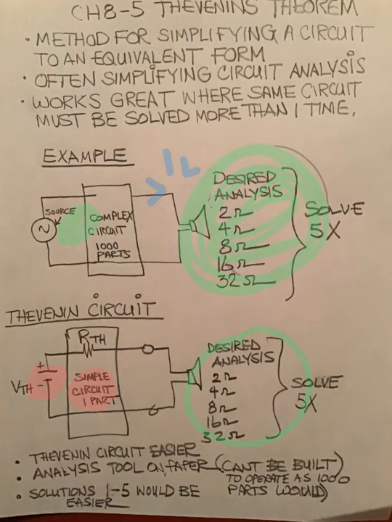But what I can tell you is this circuit up on top has a current called I load, and a voltage called the load voltage. And as long as those two, current and voltage, are satisfied, that load is receiving its proper voltage and current. In other words, the 2 ohm resistor, the 4 ohm, the 8 ohm, the 16 ohm load, they don't know that there are 1,000 parts feeding it.